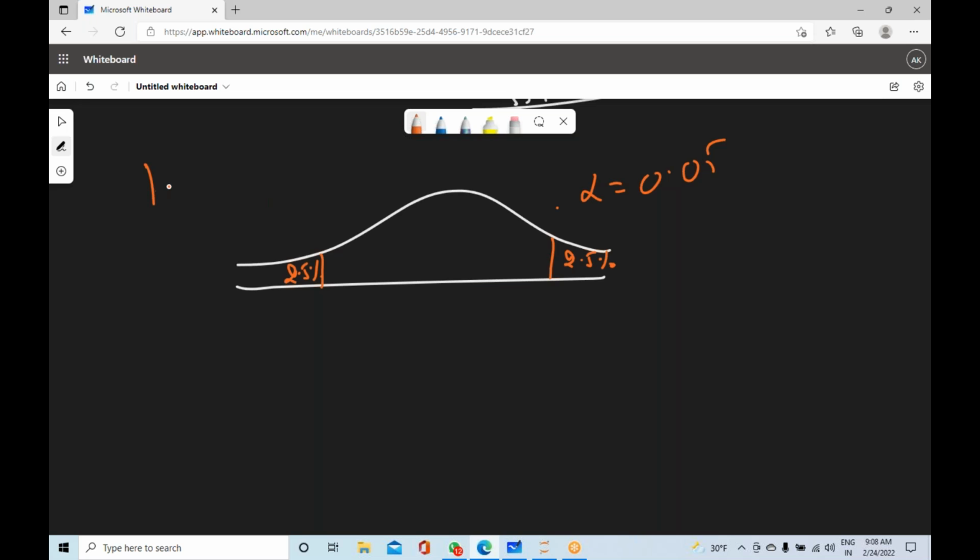This is the two tail test. It can be a Z test or a T test, and it can be one tail or two tail. Is it clear or not? Yes, sir.